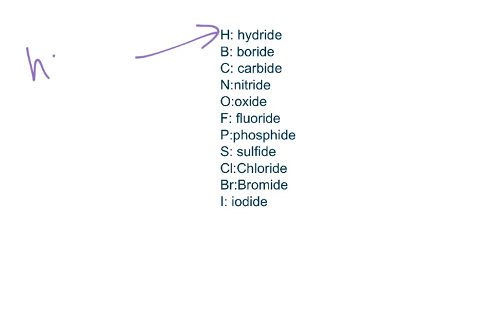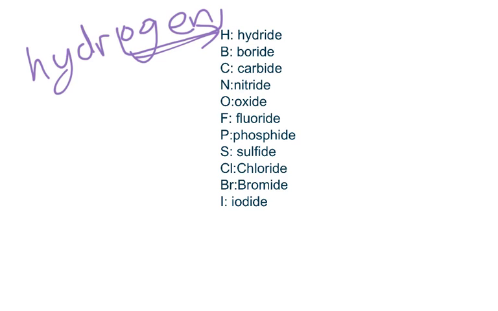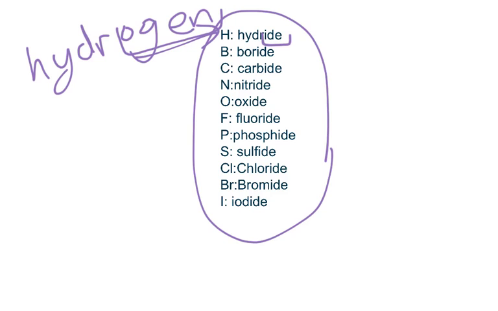H is, of course, hydrogen, and it transforms into hydride. Notice how the "ogen" changed into an "ide" ending. This applies to all these elements, and here are the most common ones that you should know.